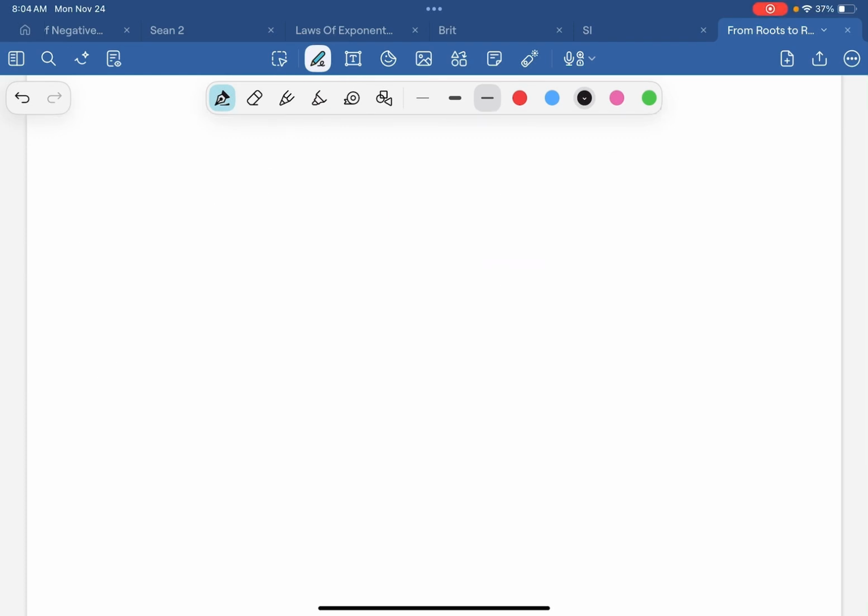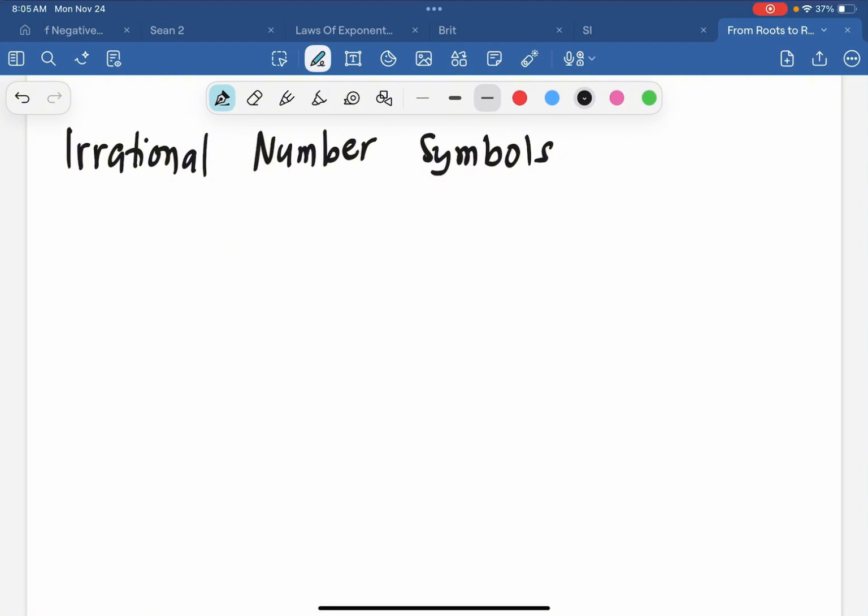Now here are some popular irrational number symbols. When we were in elementary, this one is the most popular.